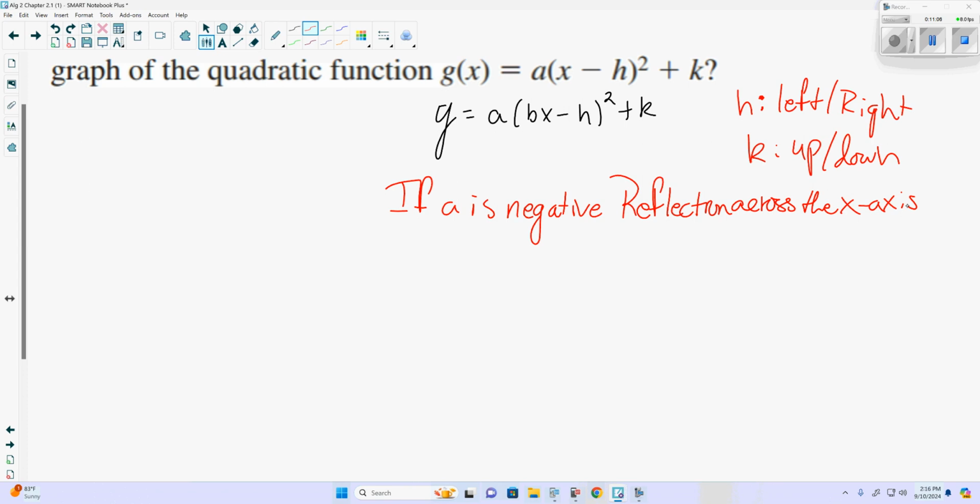If we have that negative being multiplied in front of the parentheses or in front of that x outside of parentheses, it's a reflection across the x. If that negative is being multiplied by the x inside the parentheses, it's a reflection across the y-axis.